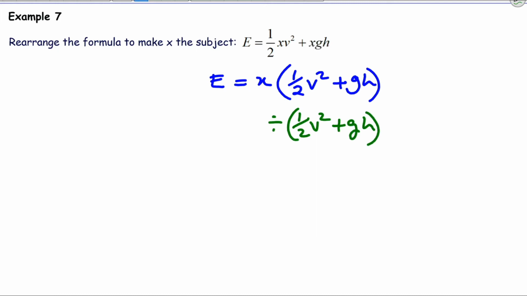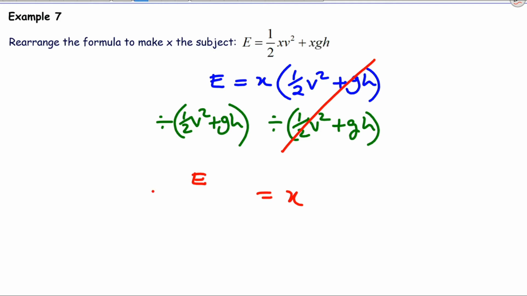And we have to perform the same operation, division on each side. Those ones cancel to give you 1 because you're dividing by itself. So x will be equal to e over a half v squared plus gh.